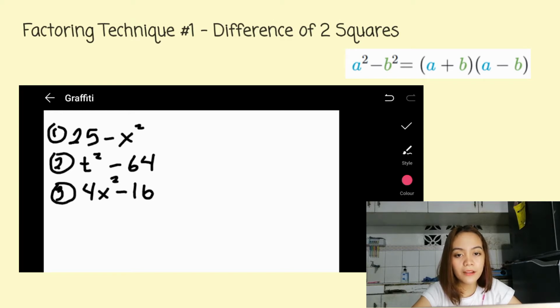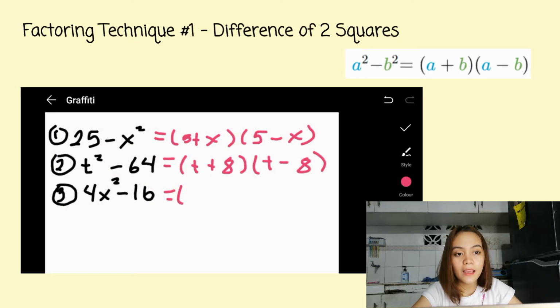So 25 minus x squared can be separated into 5 plus x times 5 minus x, and t squared minus 64 can be factored into t plus 8 times t minus 8. And the last problem, we can separate 4x squared minus 16 into 2x plus 4 and 2x minus 4.